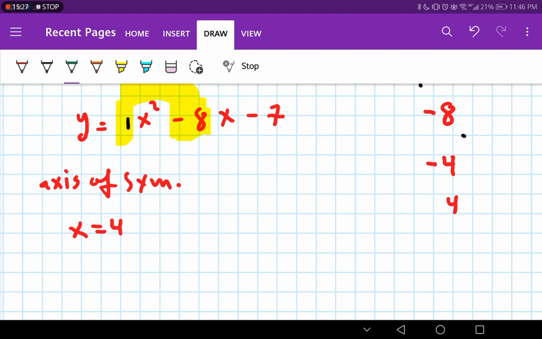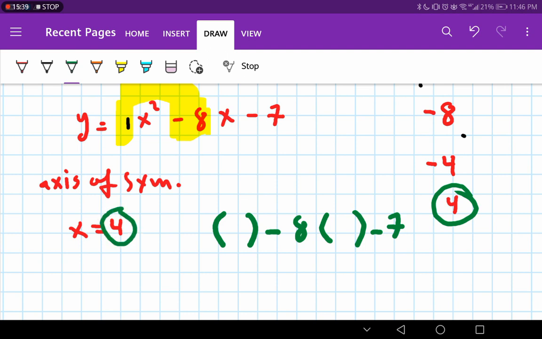And then we write the equation as it is, but instead of x I make a space like this. Why? To put what I found here, but don't forget the square.